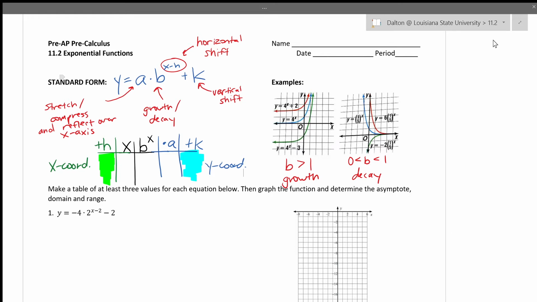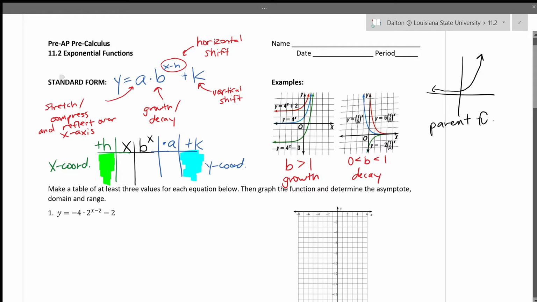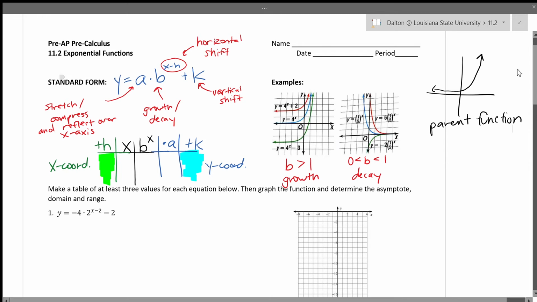Last thing I want to talk about before we do an example are asymptotes. So the parent function of an exponential looks like this. And there's an asymptote here at y is equal to 0.